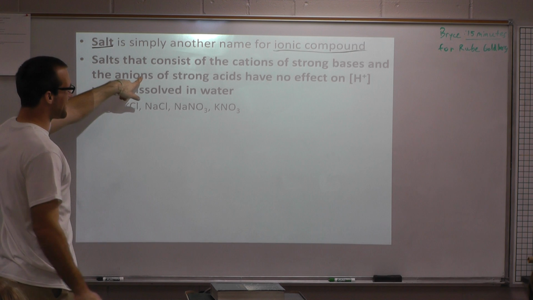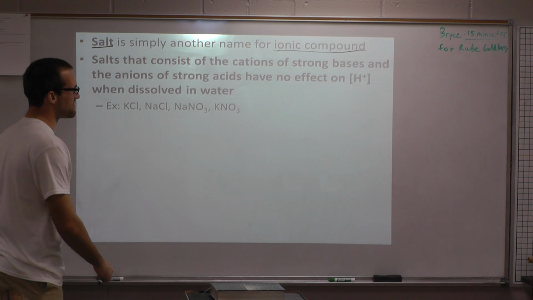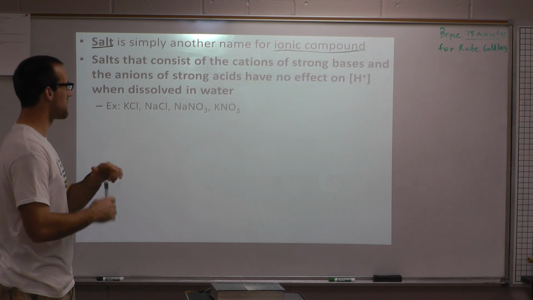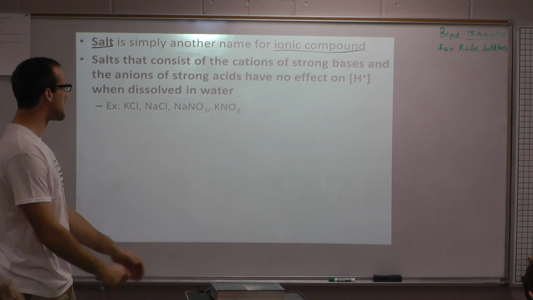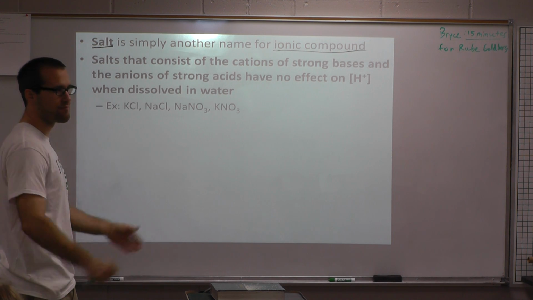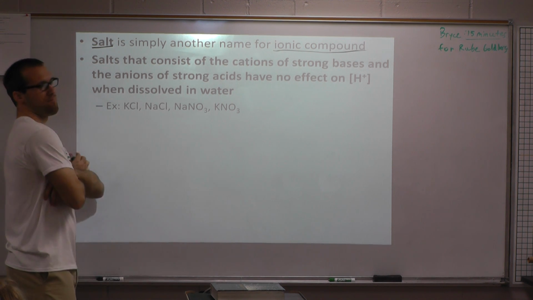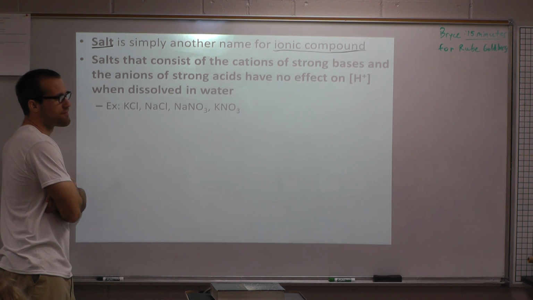So, salts consisting of cations of strong bases and anions of strong acids have no effect on the hydrogen concentration when dissolved in water. Why? Because it would be a weak acid or a weak base.